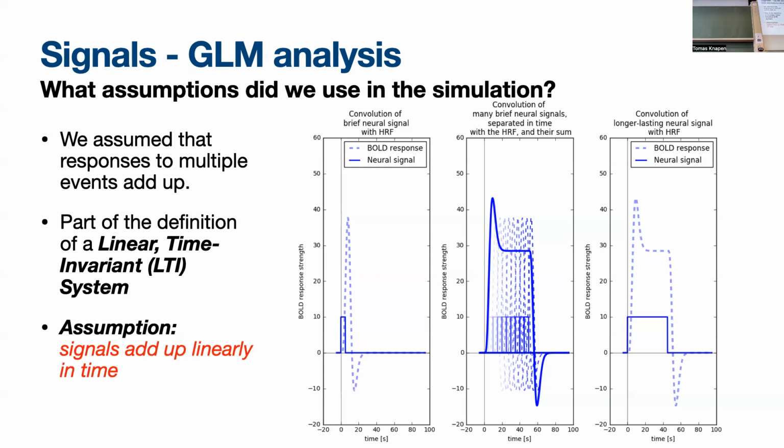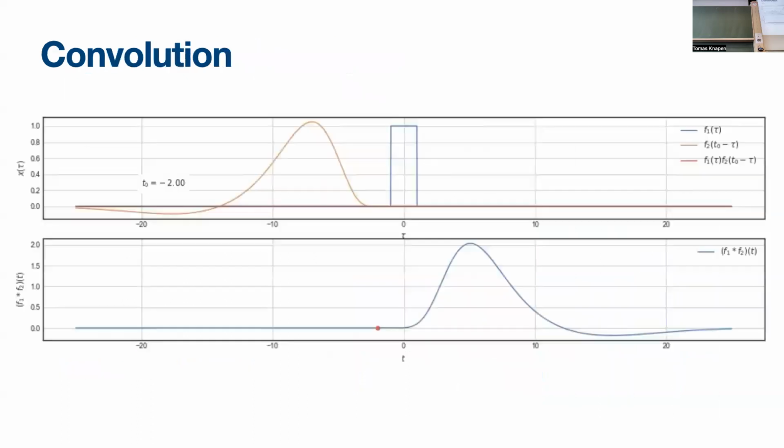If we use this assumption of a linear time invariant system, there's a standard way in which we can start to predict responses from, for example, an experiment. So I'm showing a face here. What is the response that I predict? Well, that's called convolution. Many of you that are in the AI business will know convolution from convolutional neural networks.